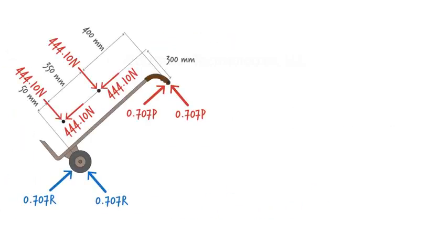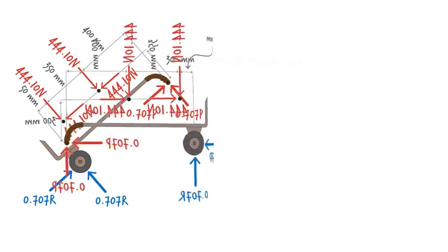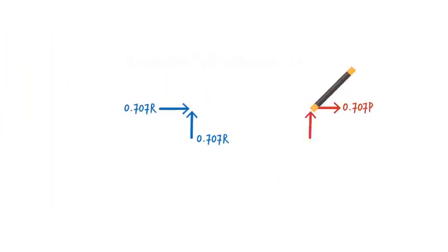Again, if it is more convenient for formulating the equilibrium equations, we can rotate the entire free body diagram like this. Here is the free body diagram where only the relevant forces and distances are shown.